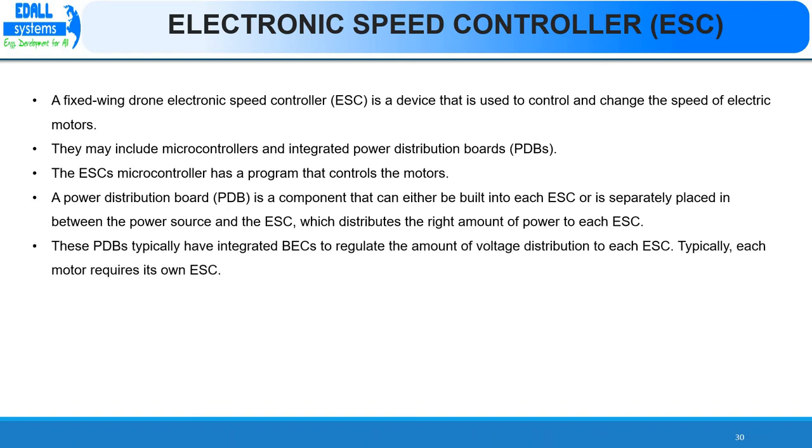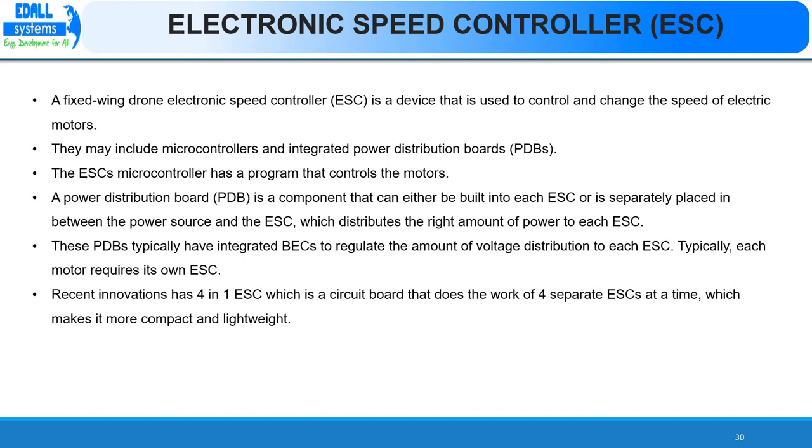The power distribution boards have integrated battery eliminator circuits, BEC, to regulate amount of voltage distribution to each electronic speed controller. Typically, each motor requires its own electronic speed controller. Innovations have 4-in-1 electronic speed controllers, which is a circuit board that contains 4 separate electronic speed controllers that work at a time, which makes it more compact and lightweight.